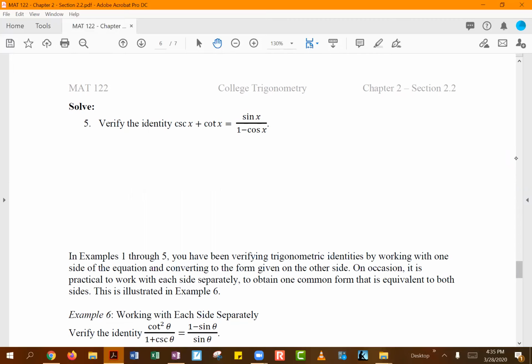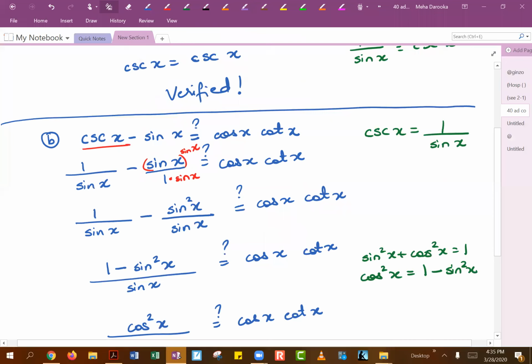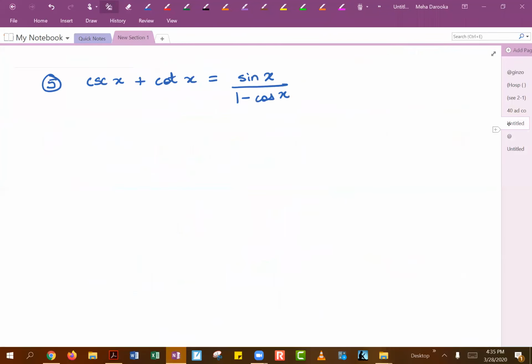We are given cosecant of x plus cotangent of x is equal to sine of x over 1 minus cosine of x. So let's see if we can prove this identity here. So remember, you will start by taking the right hand side, which again is the more complicated side.